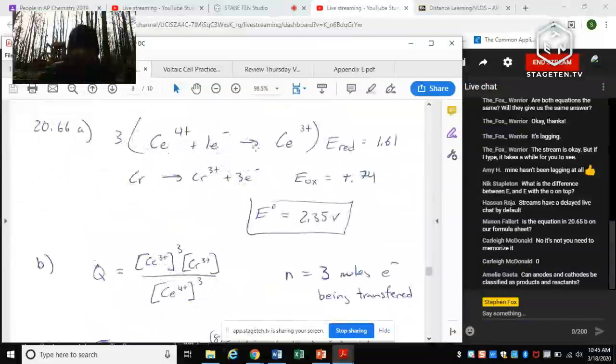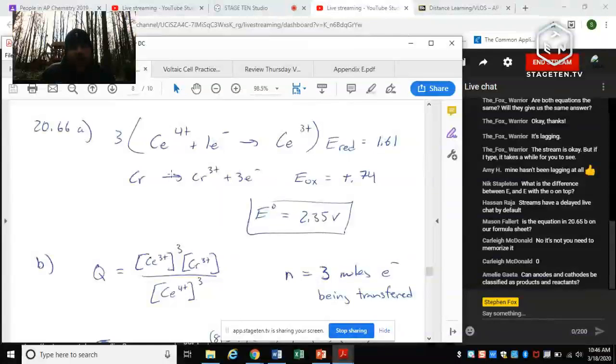Just for example, if this were 2 electrons in this equation and 3 electrons here, my N value would end up being 6, right? Because the N value is the balanced amount of moles of electrons being transferred. Okay. All right.